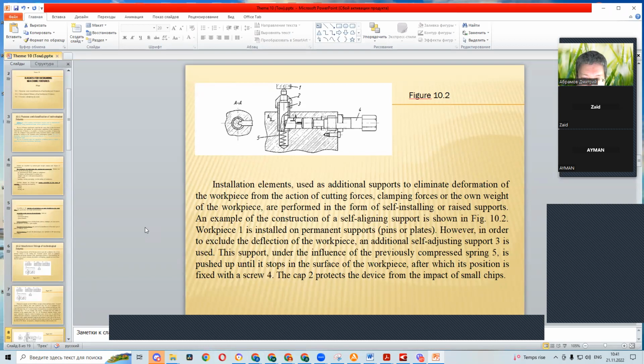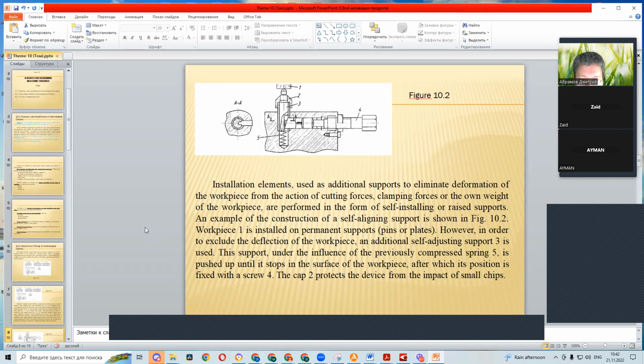Installation elements used as additional supports to eliminate deformation of the workpiece from the action of cutting forces, clamping forces, or the own weight of the workpiece are performed in the form of self-installing or raised supports.